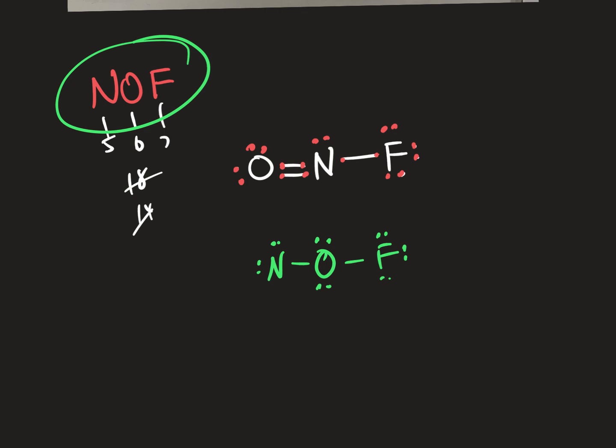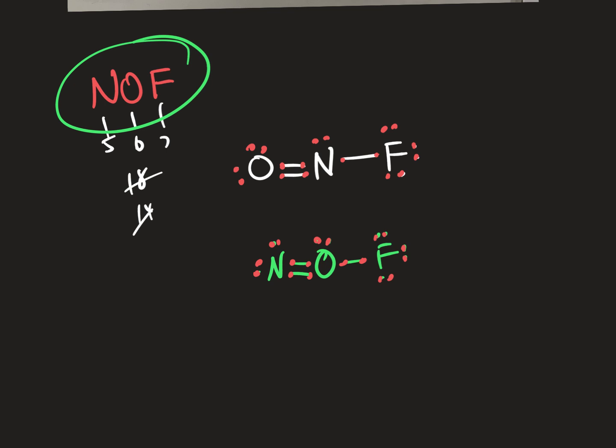And then, of course, we will have to share. 2, 4, 6, 8, 10, 12, 14, 16. And so now they all have an octet. Now if we count, 1, 2, 3, 4, 5, 6, 1, 2, 3, 4, 5, 1, 2, 3, 4, 5, 6, 7.